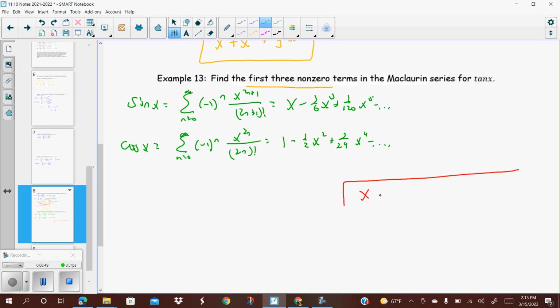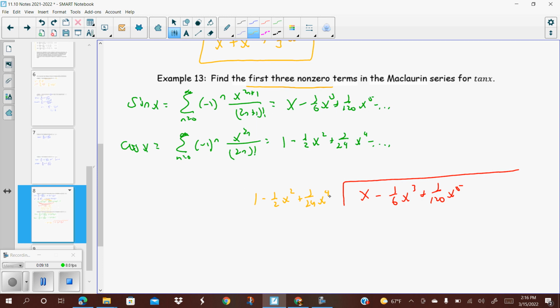So it'll be x minus 1/6 x cubed plus 1 over 120 x to the fifth, and so on. Again, we'll add terms if we need to get to the first three, but we should only need those three. We'll see. Maybe we need more. On the outside, 1 minus 1/2 x squared plus 1 over 24 x to the fourth.